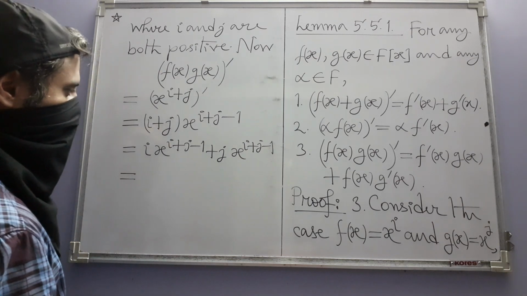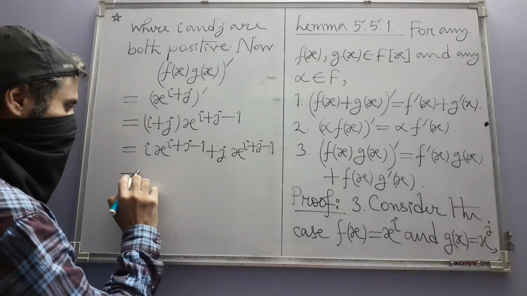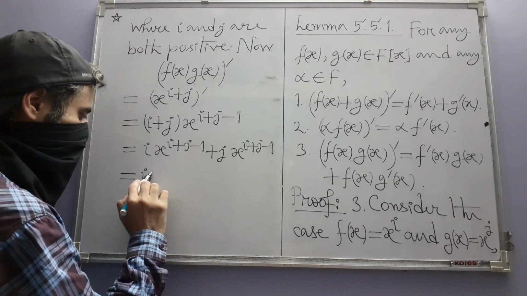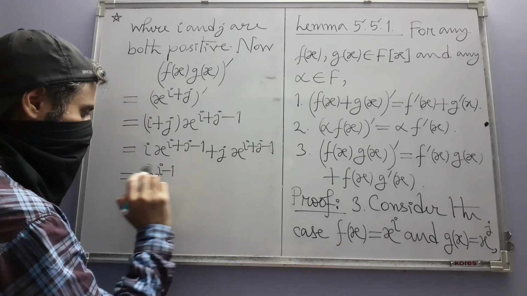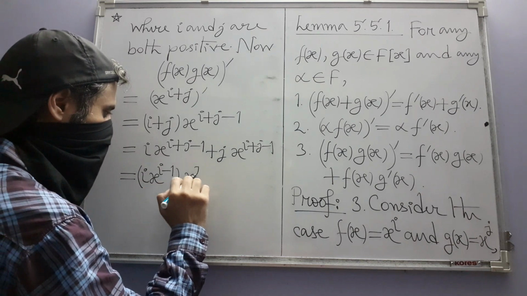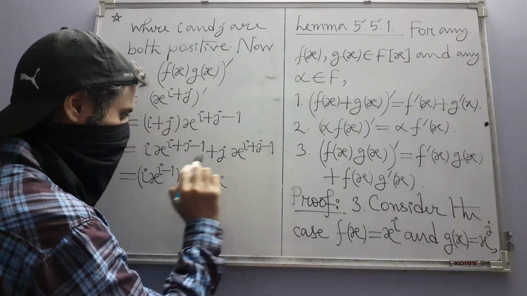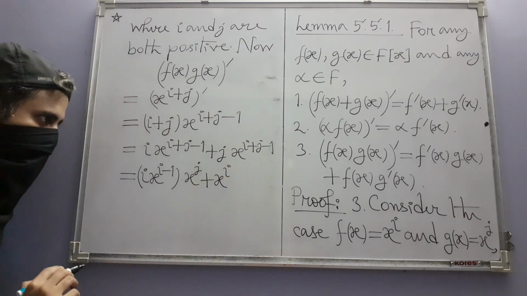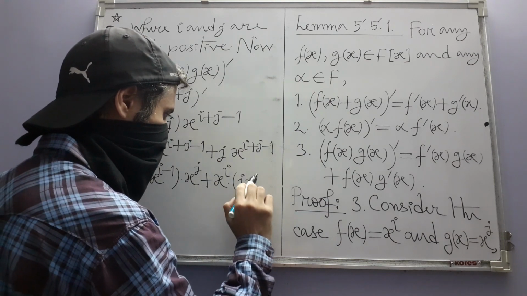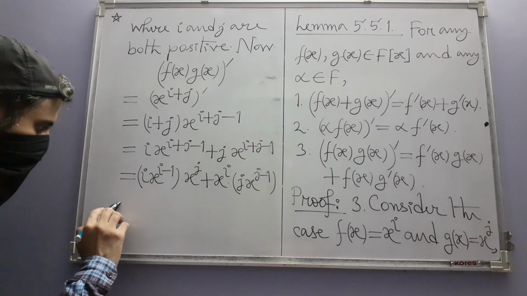Now, if you look carefully, you can write the first term like this. You can split it into two parts. One of them is i times x to the power i minus 1, and the other one is x to the power j. Similarly, this second term can be split in this way: x to the power i times j times x to the power j minus 1.